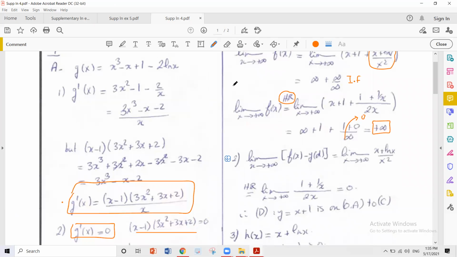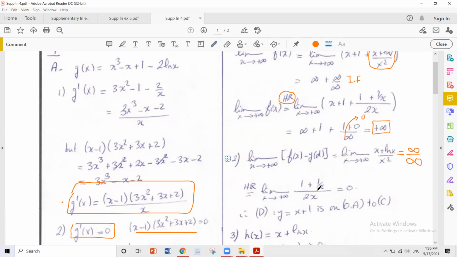Part 2: the limit as x tends to plus infinity of f of x minus y D equals the limit as x tends to plus infinity of x plus ln x over x squared. We get infinity over infinity, indeterminate. f of x minus y D remains x plus ln x over x squared, so we use Hospital's. The derivative of the numerator: the derivative of x is 1, the derivative of ln x is 1 over x.